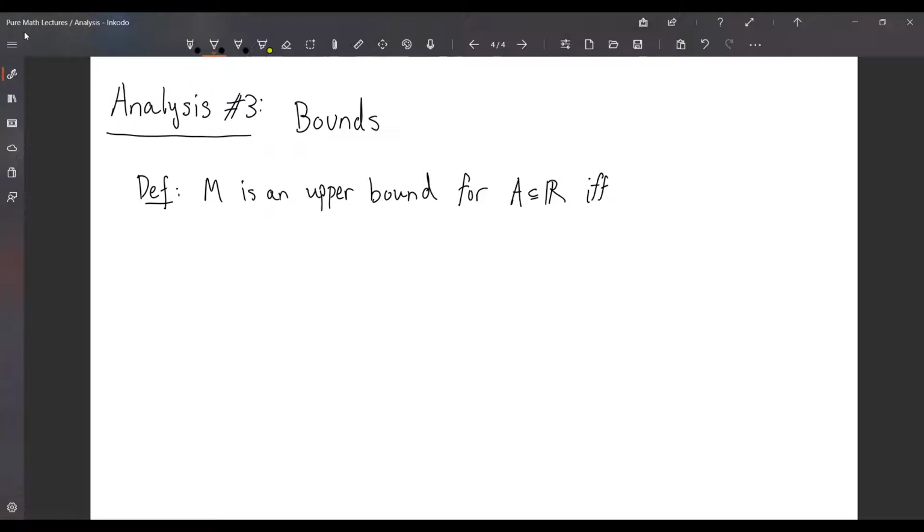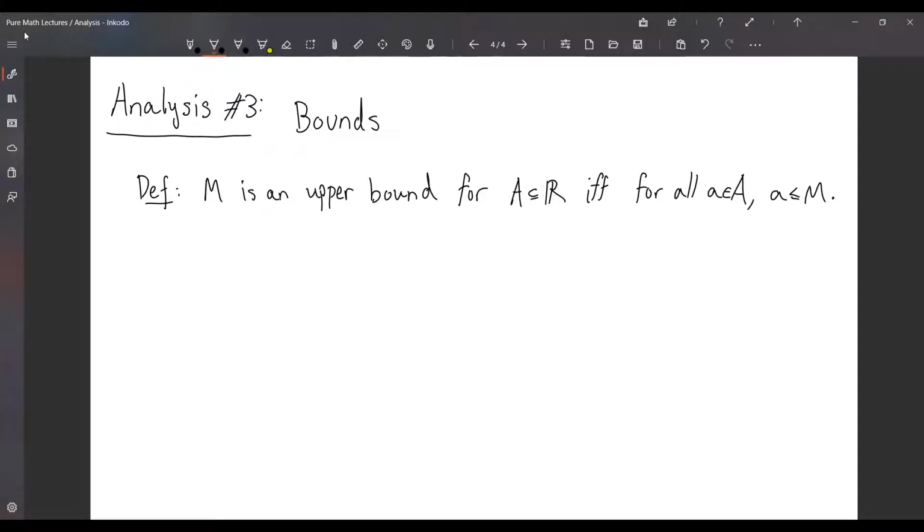This means that for all a in the set A, the element a is less than or equal to M, right? So we allow the possibility that M might be, say, a maximal element, right? M might be in the set, and it's still an upper bound as long as it's greater than or equal to all of the other elements.